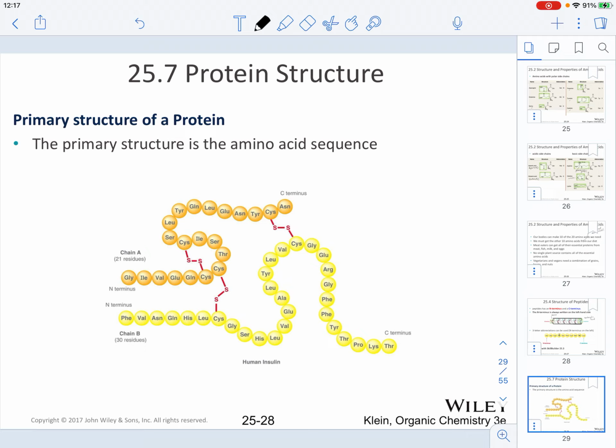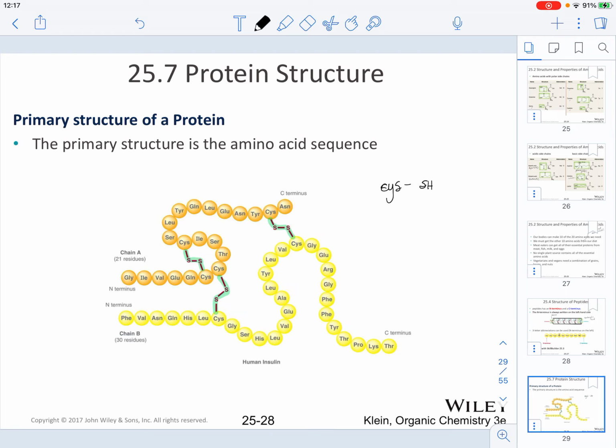Now, here in the slide we have the structure of insulin. Insulin, as you can see, is 2 chains that are linked together through these red bonds that we have here, and I'm highlighting in green because we know that cysteine residues have an SH group.